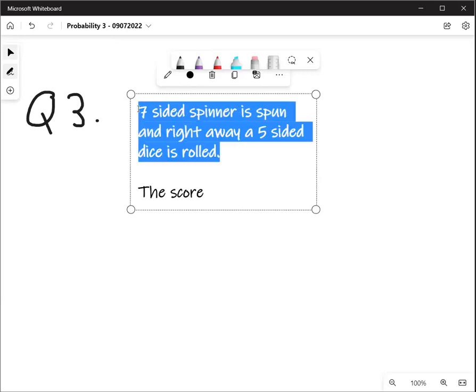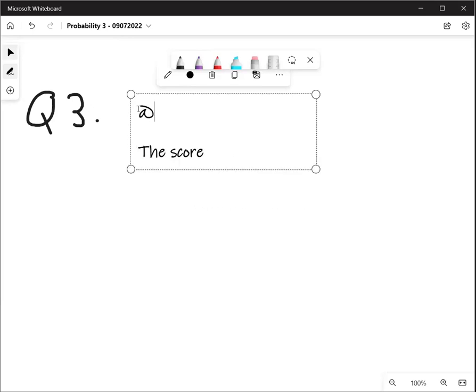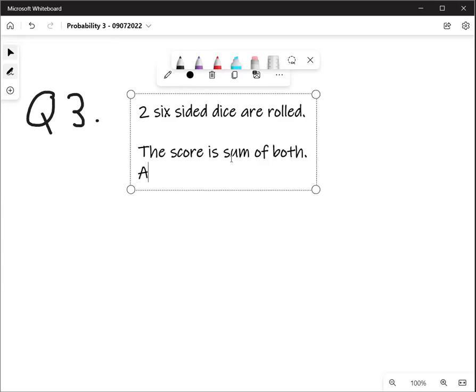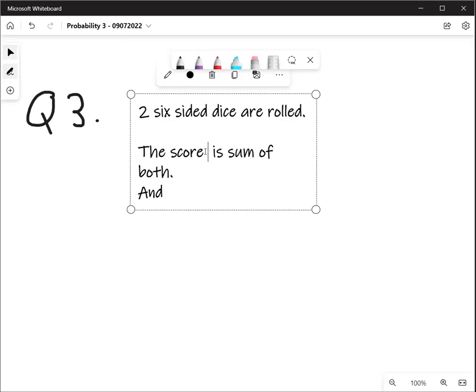You won't get a question like this in the exam. Sometimes questions are difficult, but not usually. So let's take two 6-sided dice that are rolled. The score is the sum of both, and the score of Andrew is the sum of both, and the score of Tate is the product of both. Is that clear?